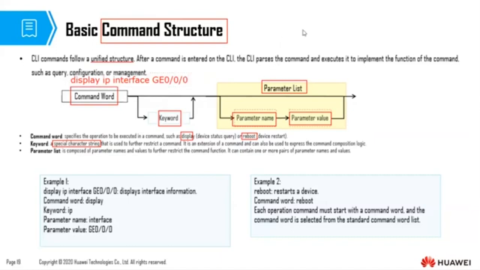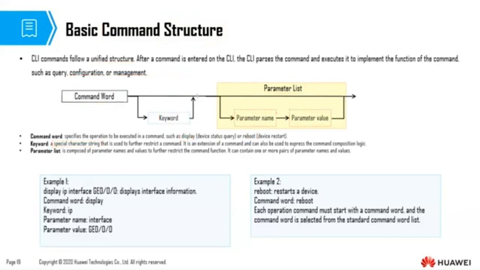So here, display is the command word that is used to view the content of a particular configuration. Then the next bit is the keyword IP. Then the parameter name, we want to look at the interface. Then the parameter value, the number of that particular interface, GigabitEthernet 0/0/0. So that is how the commands are structured.